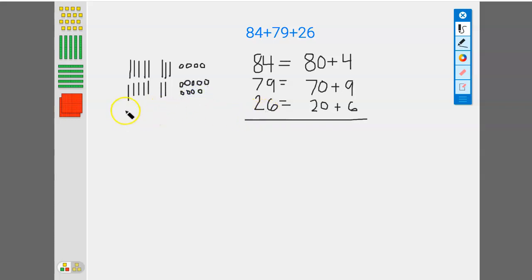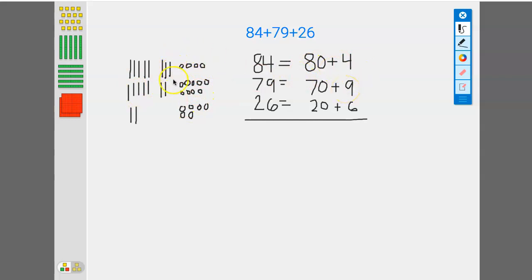And then we're going to do 26. 10, 20, 21, 22, 23, 24, 25, 26.